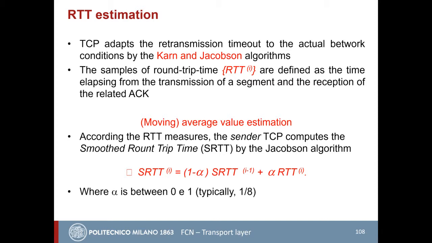Usually the typical value is 1/8, 0.125, which is quite small. This is the estimation of the average of the round trip time, the mean value of the round trip time.